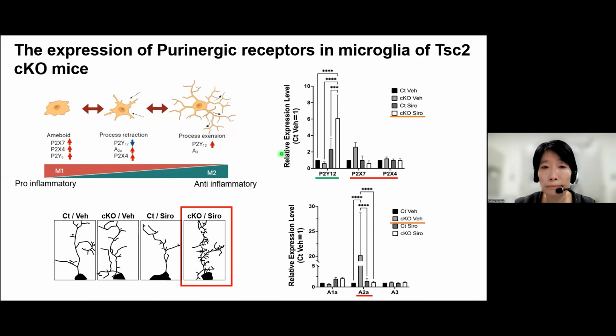Look at this graph. The gray bar is cKO with vehicle, and the white one is cKO with Sirolimus. The expression of P2Y12 receptor was significantly increased in Sirolimus-treated cKO mice. As I already pointed out, in Sirolimus-treated cKO mice, the branch number of microglia is increased.